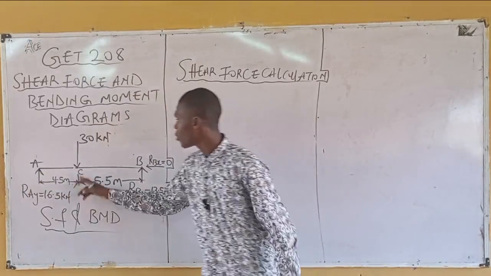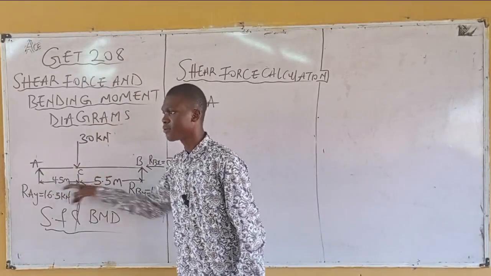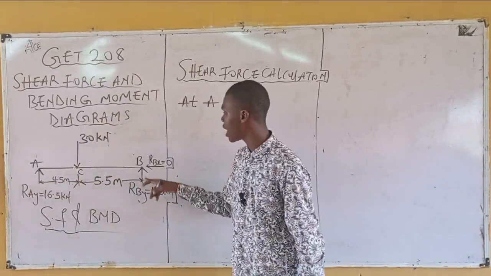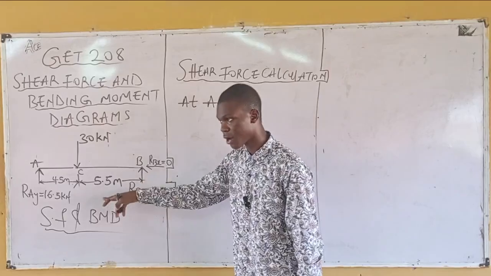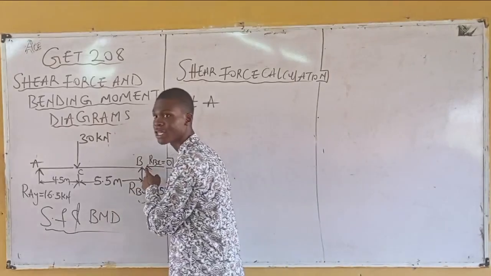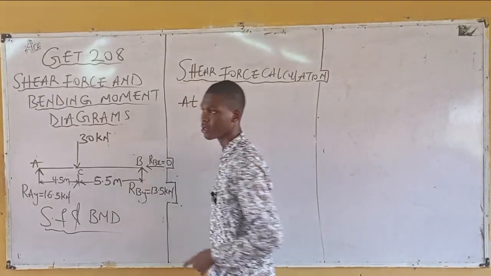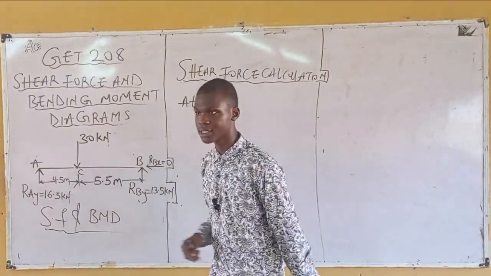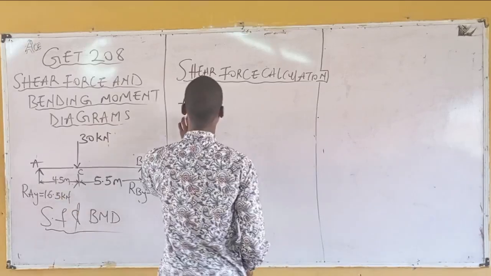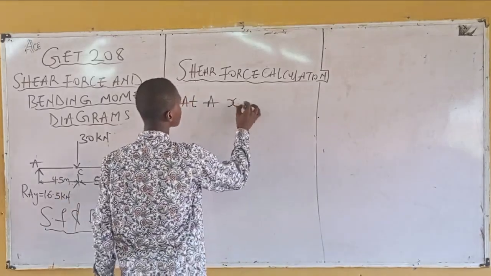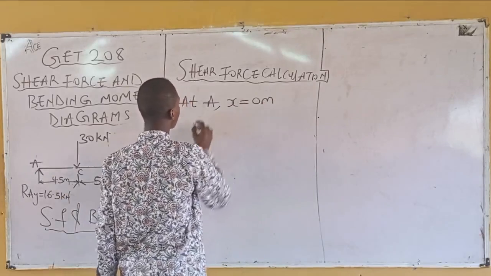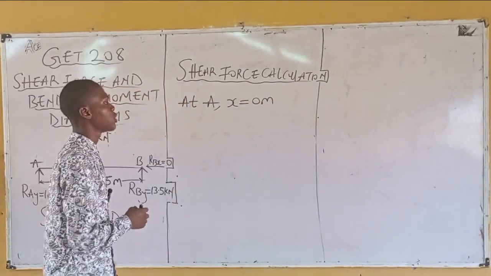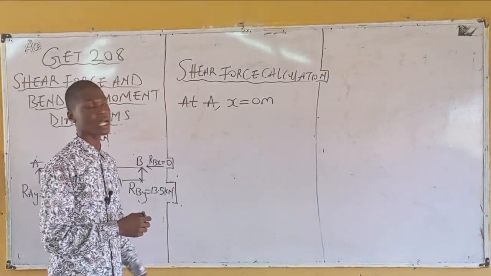What's the value of x at C? 4.5. What's the value of x at B? 10 meters. We are taking A as the reference point. So right at A, x equals 0 meter. And we said you calculate the value of shear force twice, right?